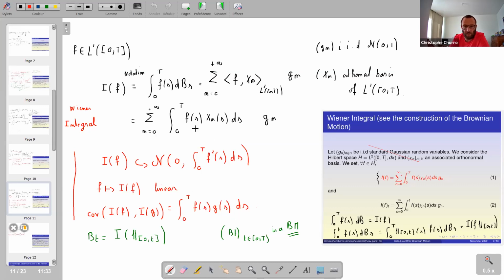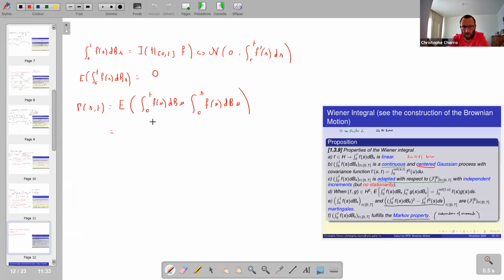So what I will have inside here is I of the indicator function of [0,t] f, and I of the indicator function of [0,s] f. I will have here the integral between 0 and capital T of the indicator of [0,t] times f(u), times the indicator of [0,s] times f(u), du. And this is equal to what?